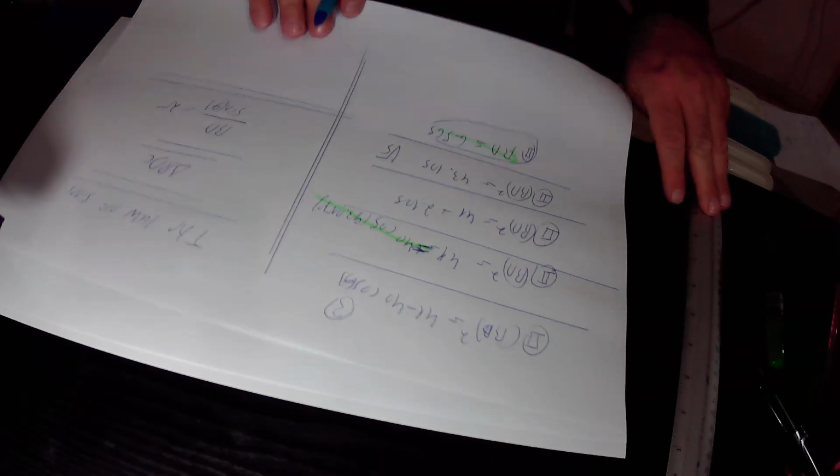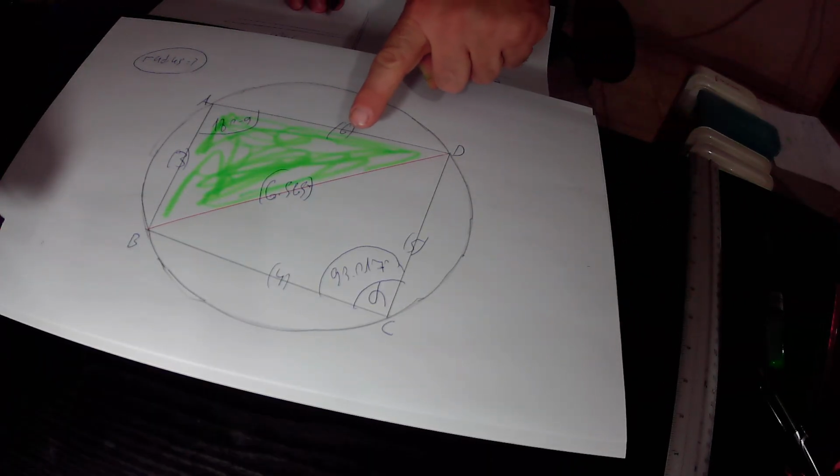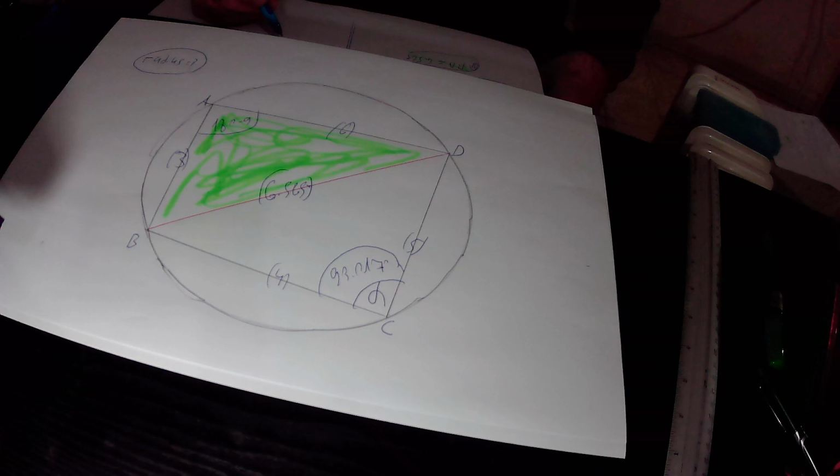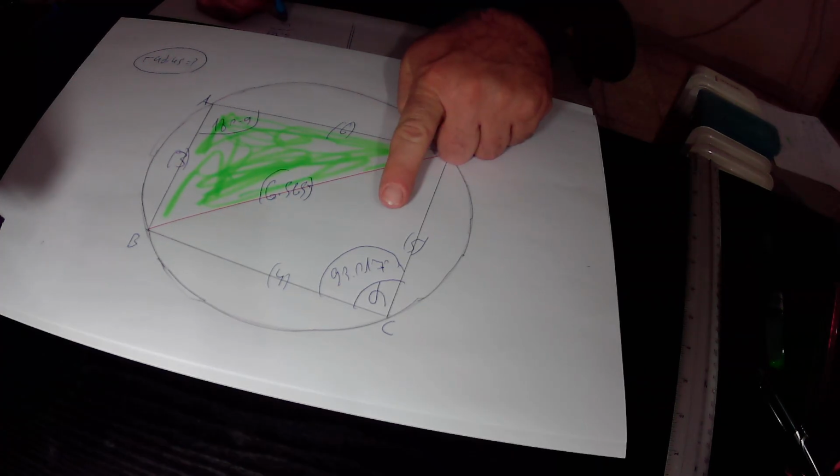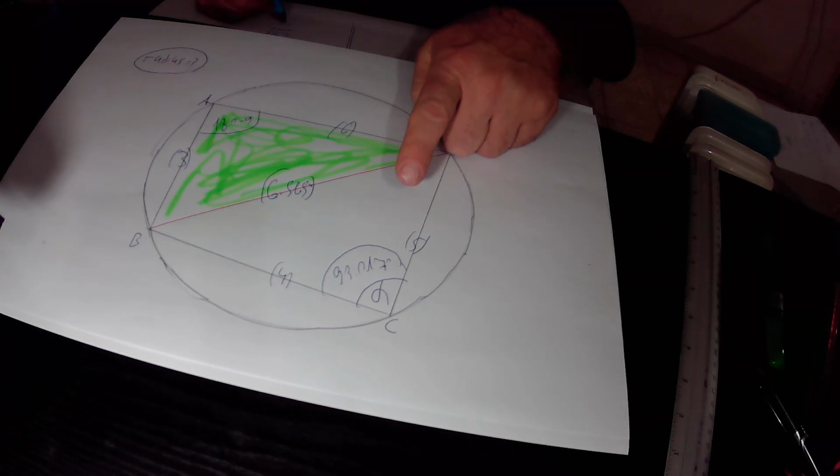We already found out that BD equals 6.565 units in length, and that alpha equals 95.017 degrees in size.